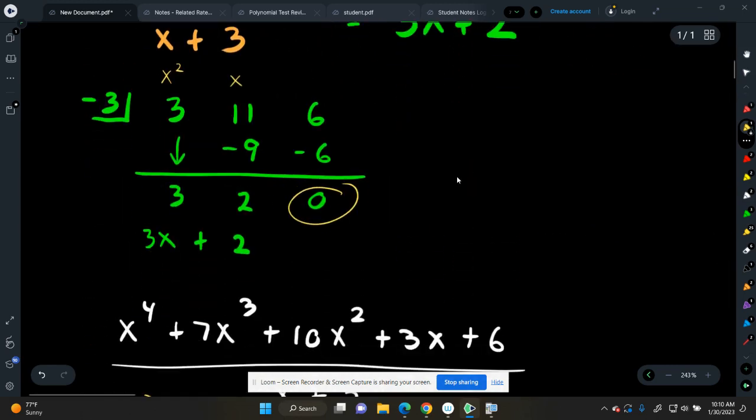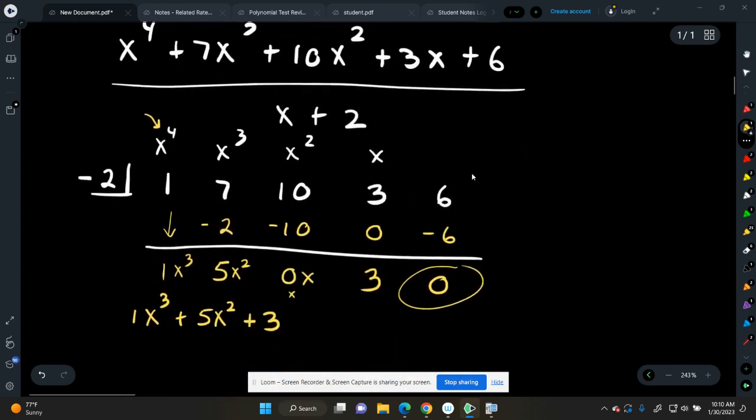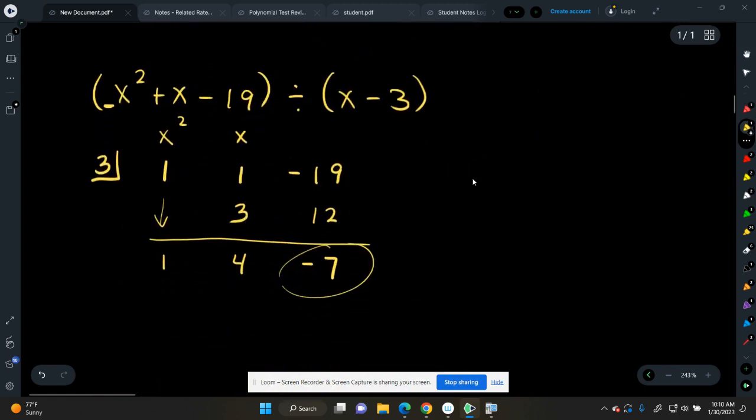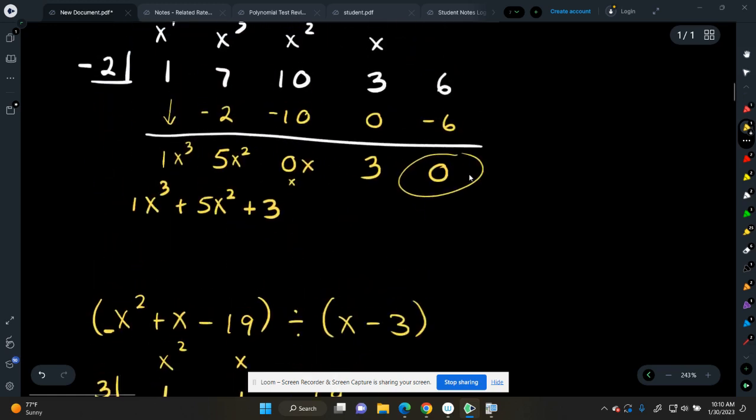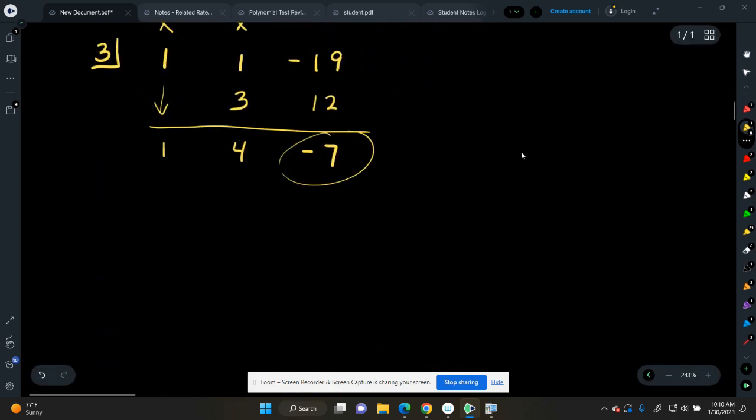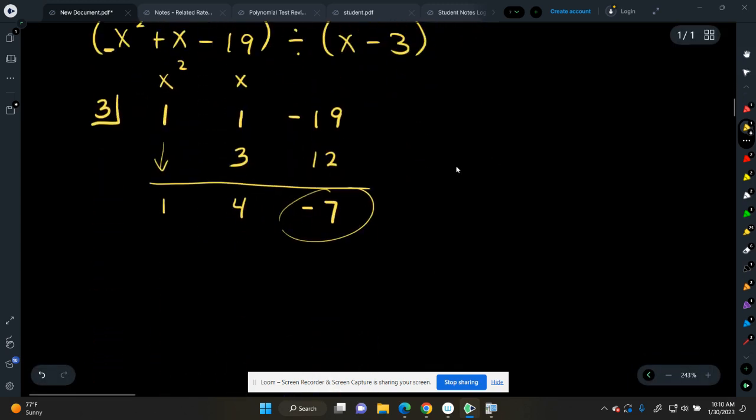So this one's different. Okay, the reason is it does not divide evenly. There's a remainder. When it's 0, there's no remainder. That means it divides evenly. When it's not 0, there's a remainder. So this is how we write this. So we started off with x squared.